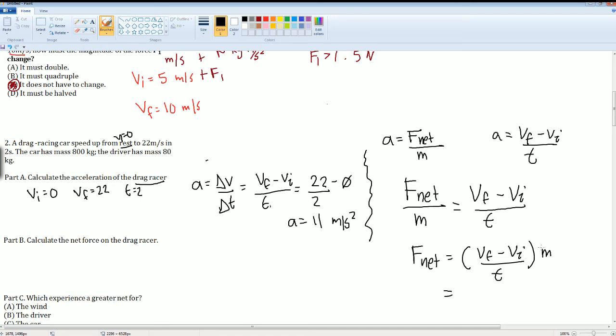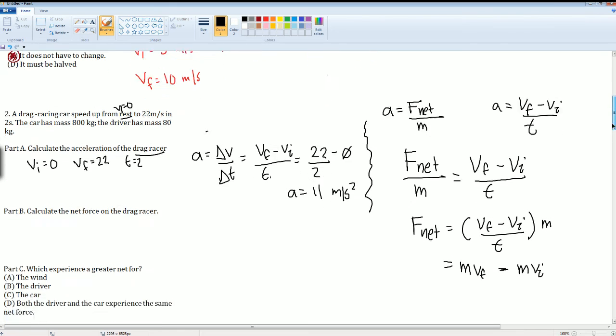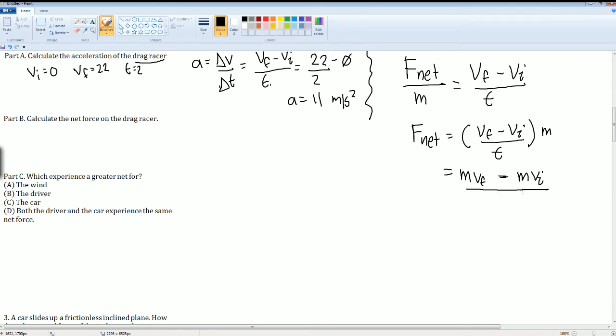It gets more interesting. You can distribute the mass: mass times V final minus mass times V initial, over T, is equal to F net. Okay, there should be a T down here. So I'm going to multiply T to the other side.